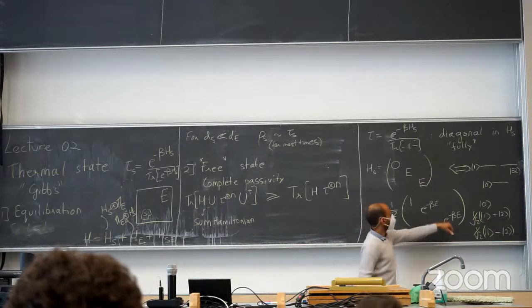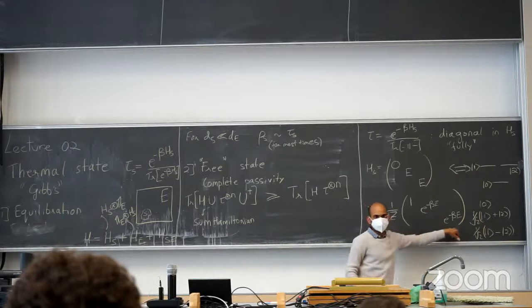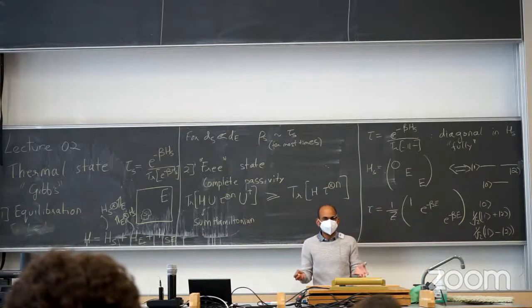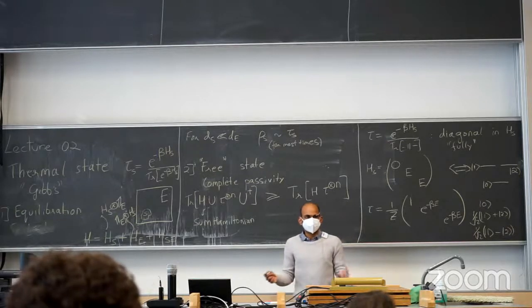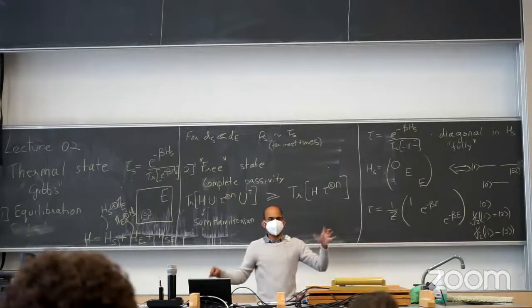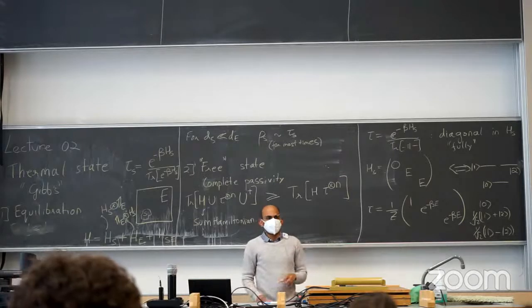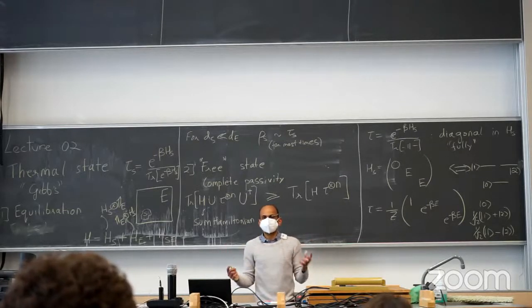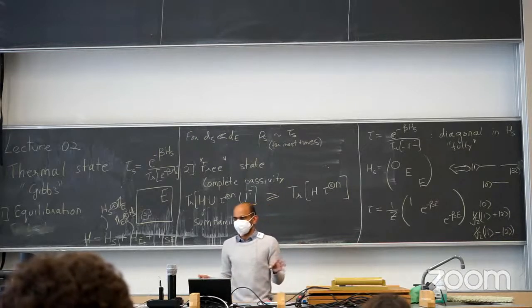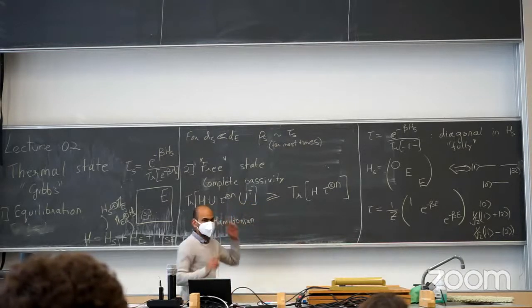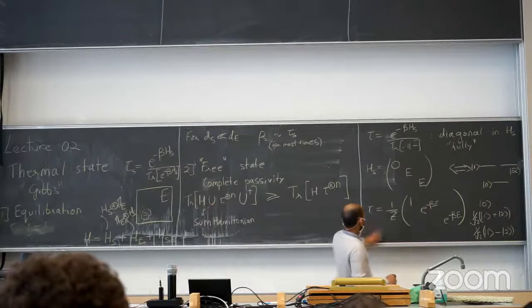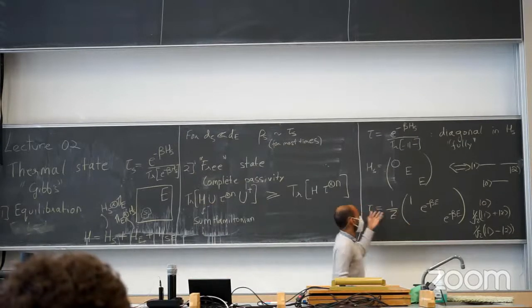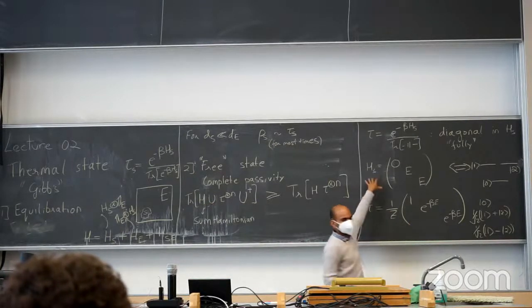So it's e to the minus beta E, e to the minus beta E. So within that subspace, what it looks like is proportional to the identity matrix. So you can just take the population times the identity matrix within that whole subspace. And when you change basis with a unitary matrix, nothing is going to happen because the identity matrix looks the same in all bases. So within a degenerate subspace, tau is diagonal regardless of the basis you choose for the Hamiltonian.